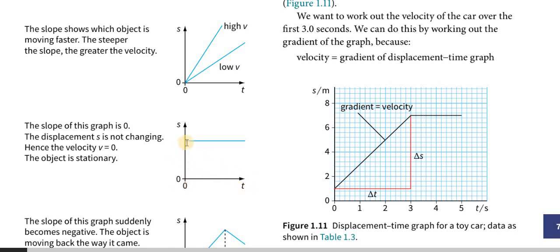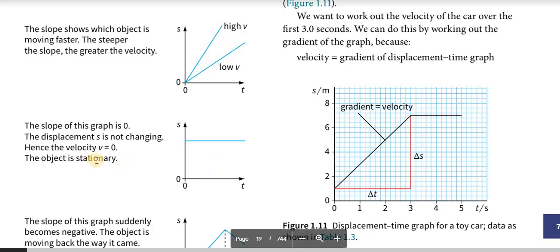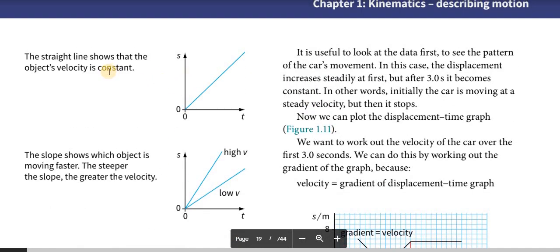So when the time is passing, the displacement is still the same. So that means it's at the same place. Okay, it's not moving. We say at rest, not moving, stationary. All these words mean the same thing. Stationary, at rest, not moving. Okay, and for the word constant, we can use the word uniform. Okay, uniform, not changing.